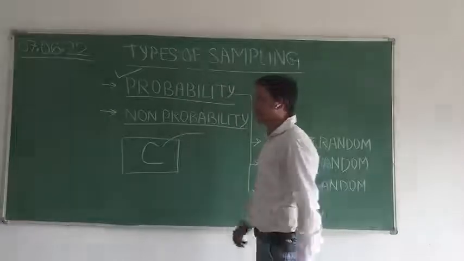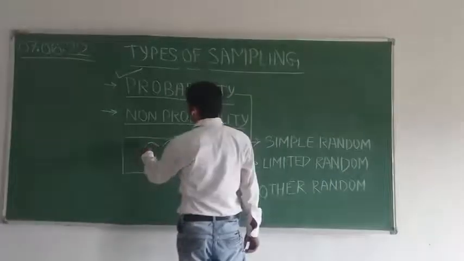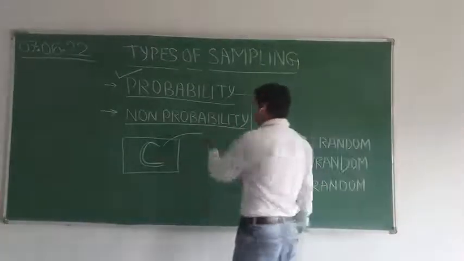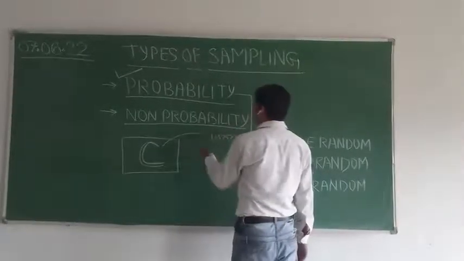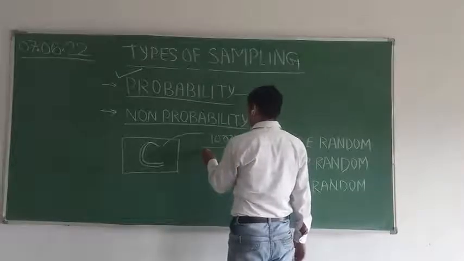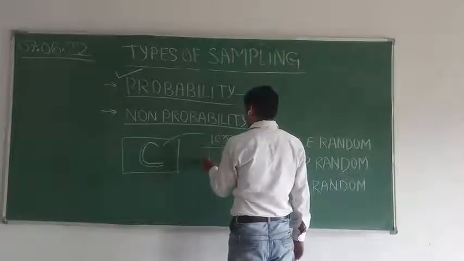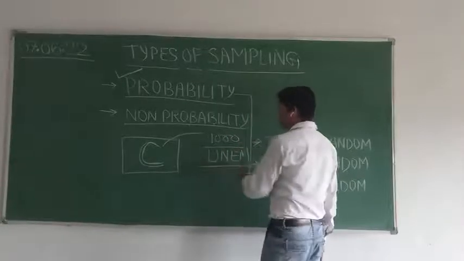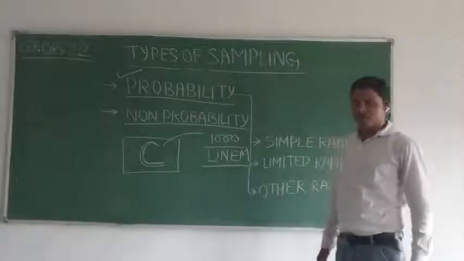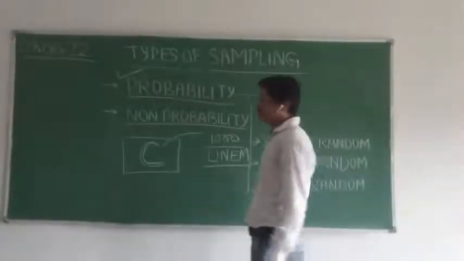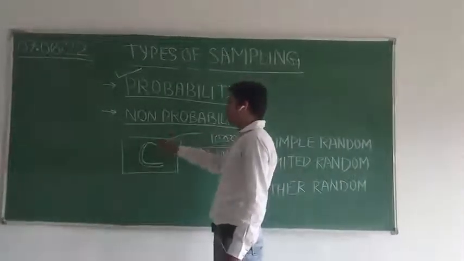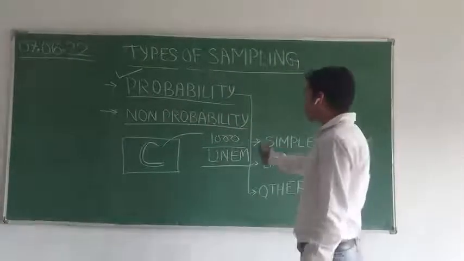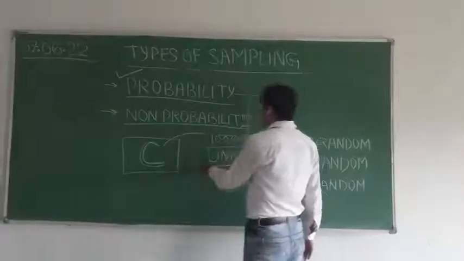As an example, maybe in a community named C there are 1,000 unemployed people.